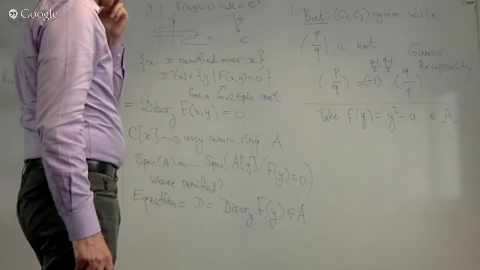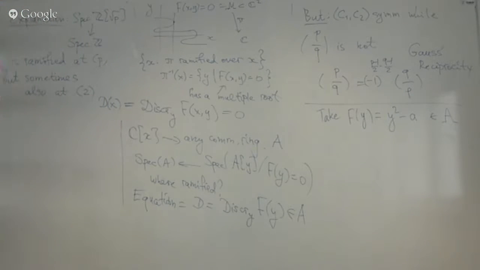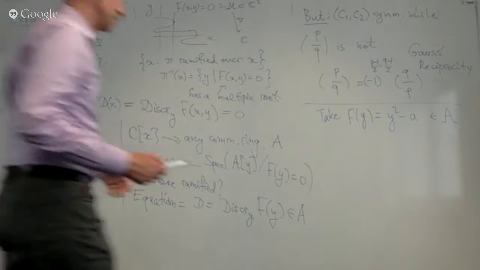The 2 is because you had the square root of p. And before that, you had chosen the double cover because you were working mod 2.